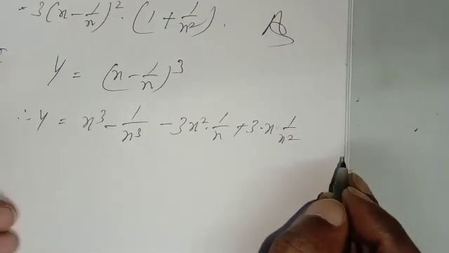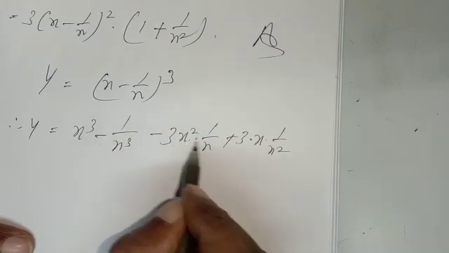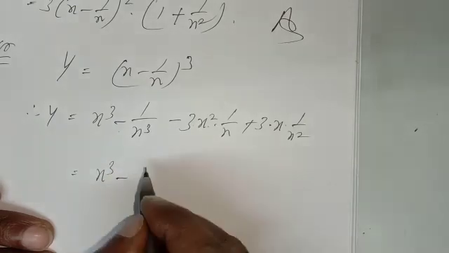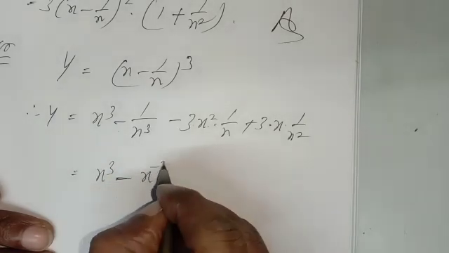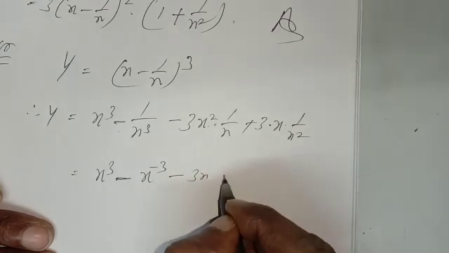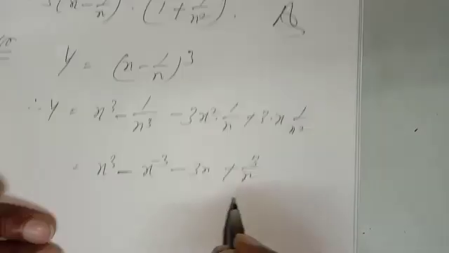Okay. A minus b whole cube formula, just a cube minus b cube minus 3a square b plus 3a b square. Again you simplify, this is x cube, this one will be x to the power minus 3, this is minus 3x, and this will be plus 3 by x.